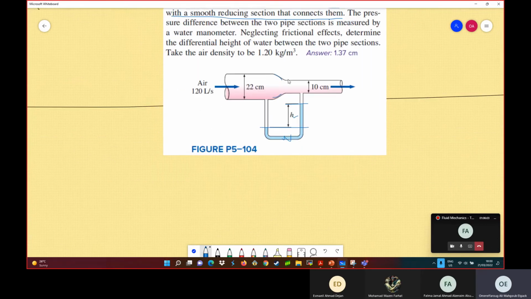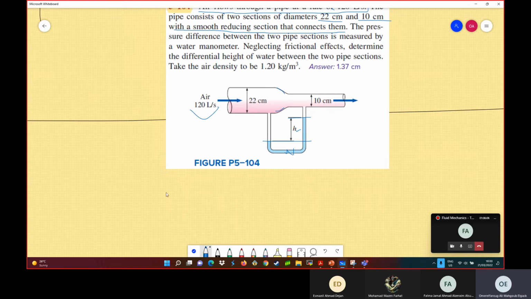Okay, we have here V dot or Q equal to 120 liters per second. If we want to convert it to meter cubed per second, 1 meter cubed is equal to 1,000 liters, right?